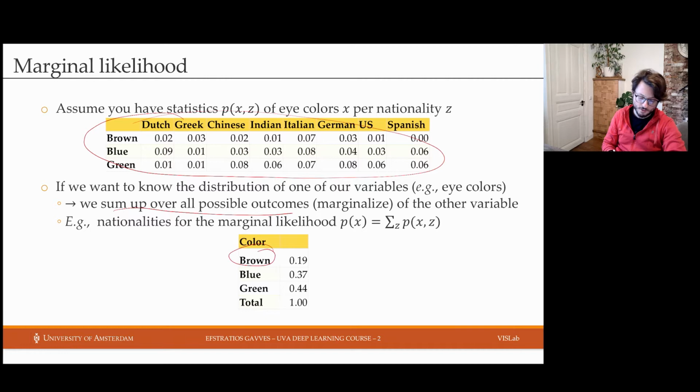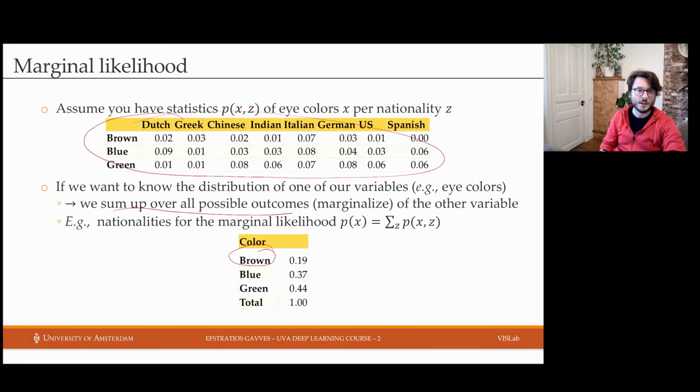So for instance, to compute what is the probability of having brown eyes, we're going to sum up the probabilities of having brown eyes while being Dutch, while being Greek, while being Chinese, and so forth, until we visit all possible nationalities. And we do the same for other eye colors.